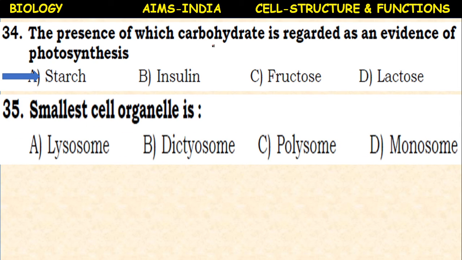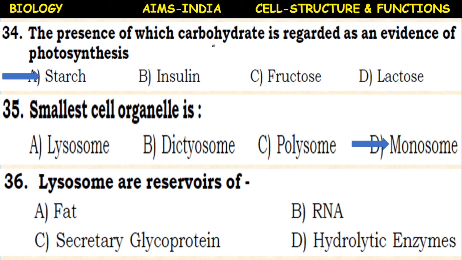The smallest cell organelle is lysosome, dictyosome, polysome, monosome. It is monosome. Mono means single, some, it is a ribosome actually. In bacteria, polysomes are present, that is group of ribosomes. So monosome is the smallest cell organelle.